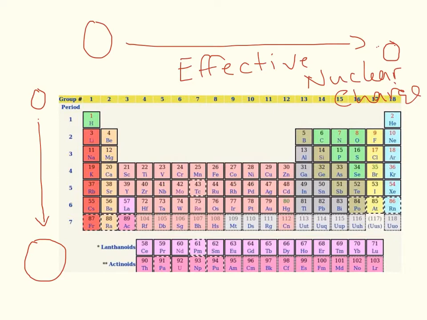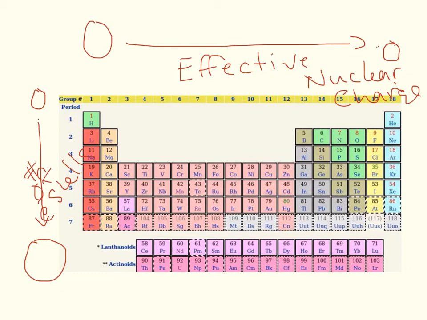So it makes sense that as I go down, I'm going to get bigger because I'm adding more shells. So as I get more electron shells, the atomic radius is going to get bigger because electrons are going to get further and further away, just because we're going to have more and more of them within their shells.